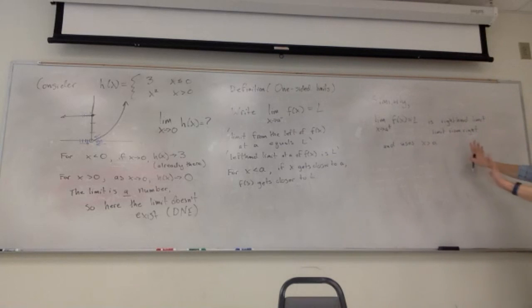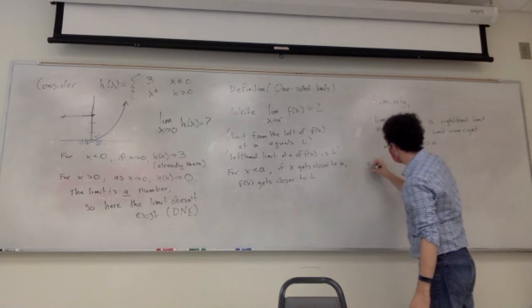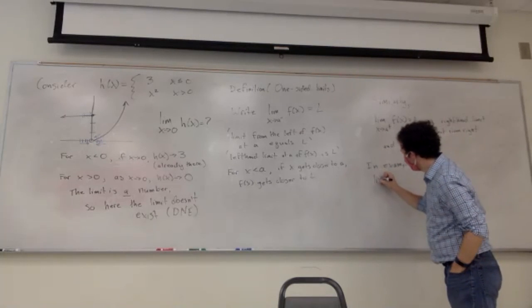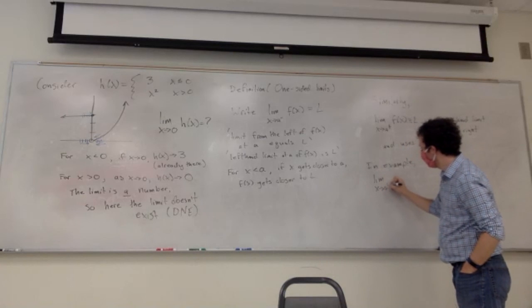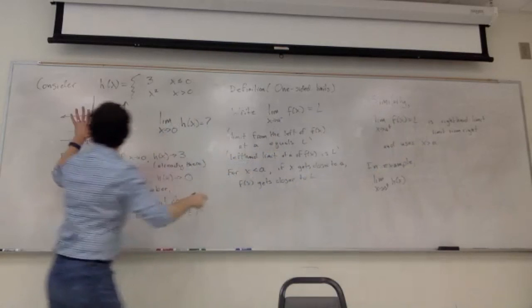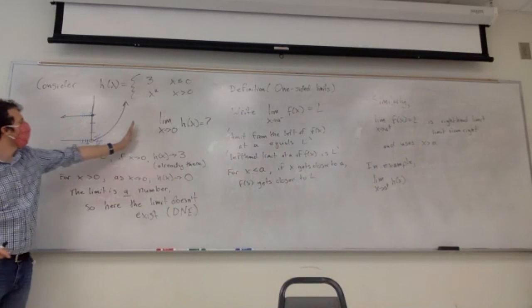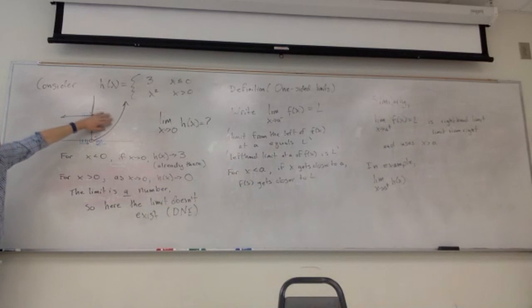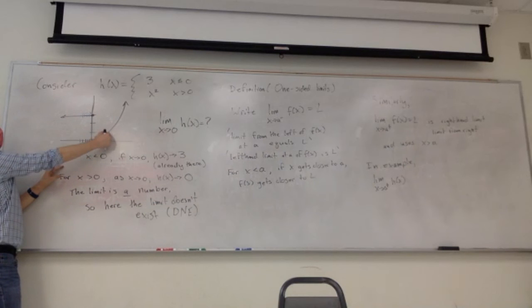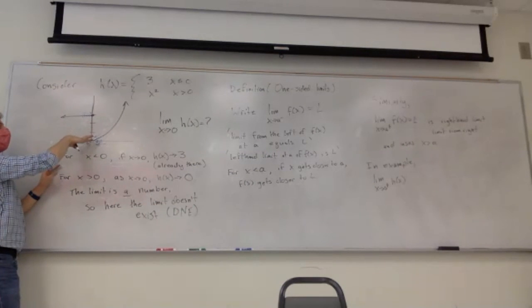So to put these two into the example we've looked at, and this is where we'll wrap up for the day. If we write this down, the limit as x goes to 0 from the right of h of x, this is saying, here's our function, go to the right side of 0, which means we're on the parabola here. And as we saw here, if you're on the right side and let x get close to 0, you're moving down the parabola, and so the heights also get close to 0.